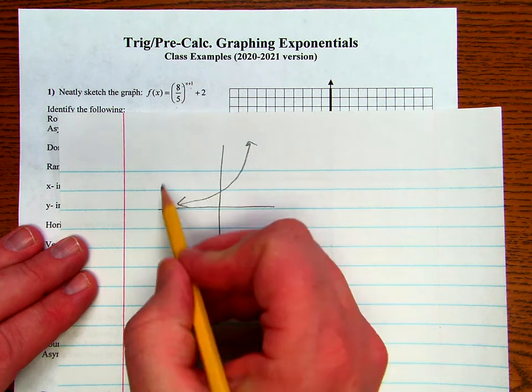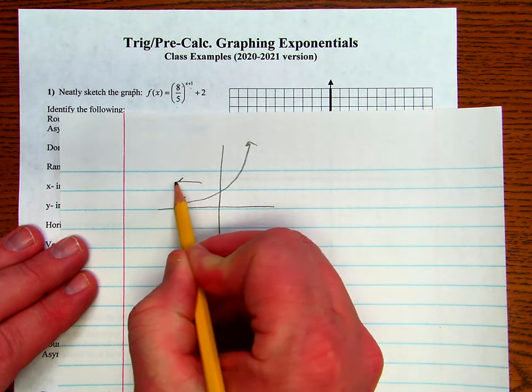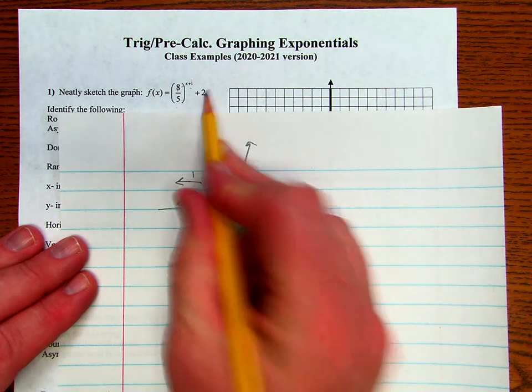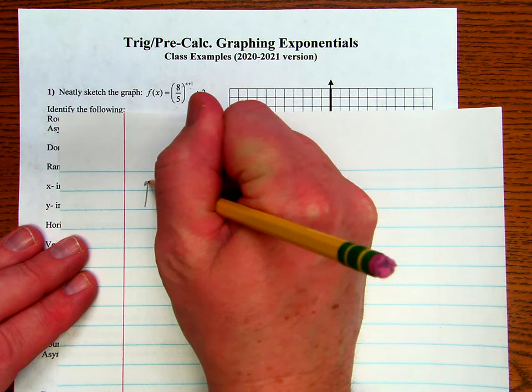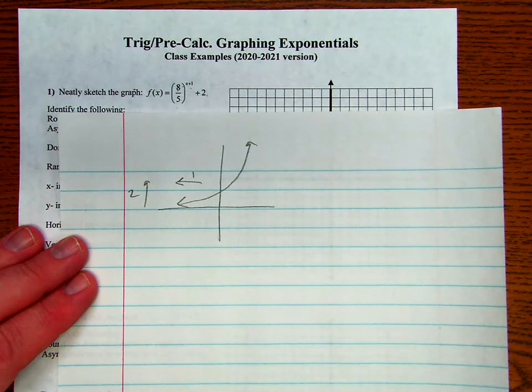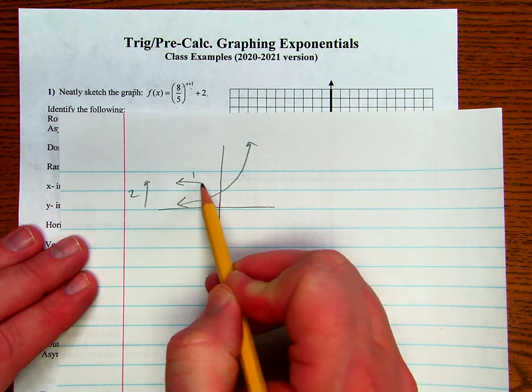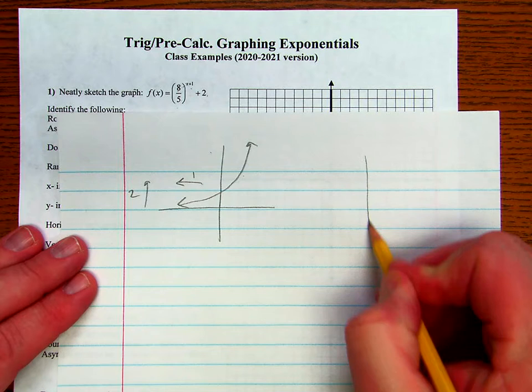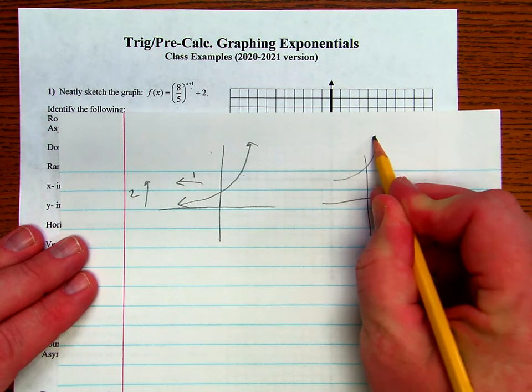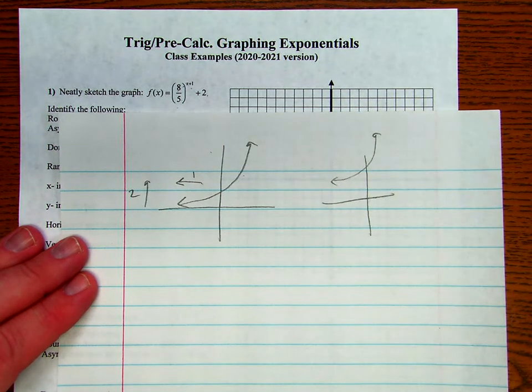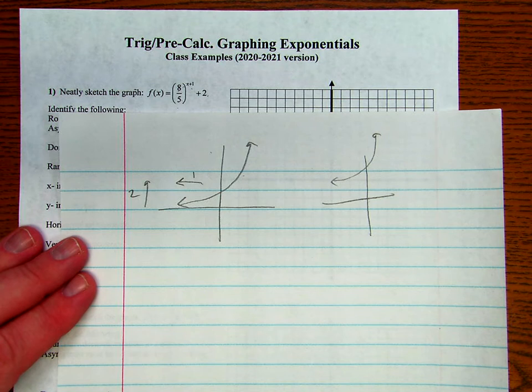That plus 1 is going to shift it 1 to the left. And that plus 2 is then going to take it and shift it up 2. So after we take this and shift it left 1 and up 2, it's in this general neighborhood like that. So we just have a rough idea of what to expect when we get this in our calculator.